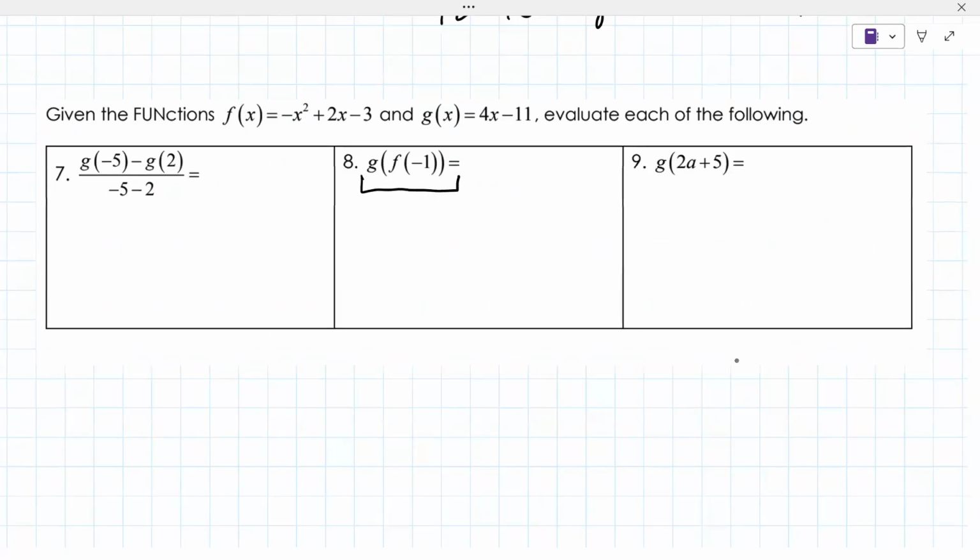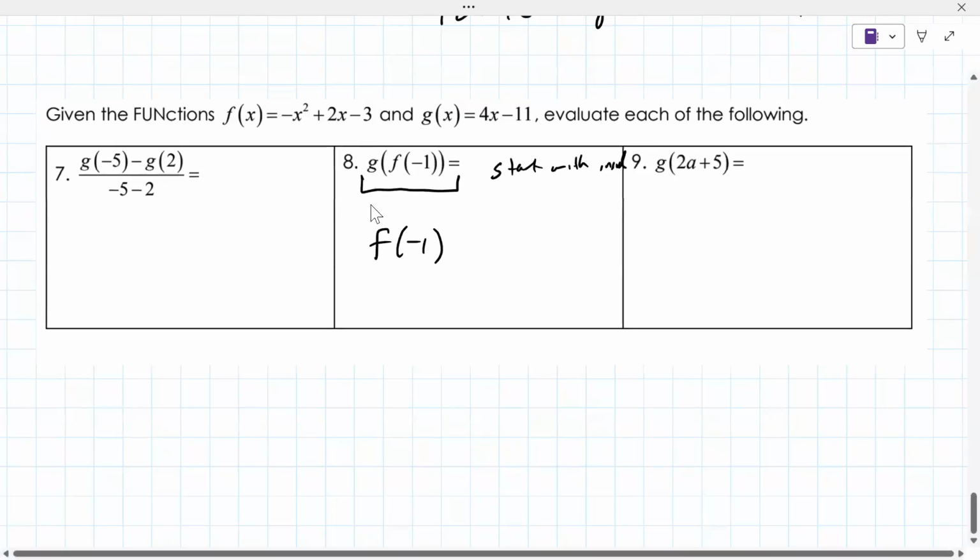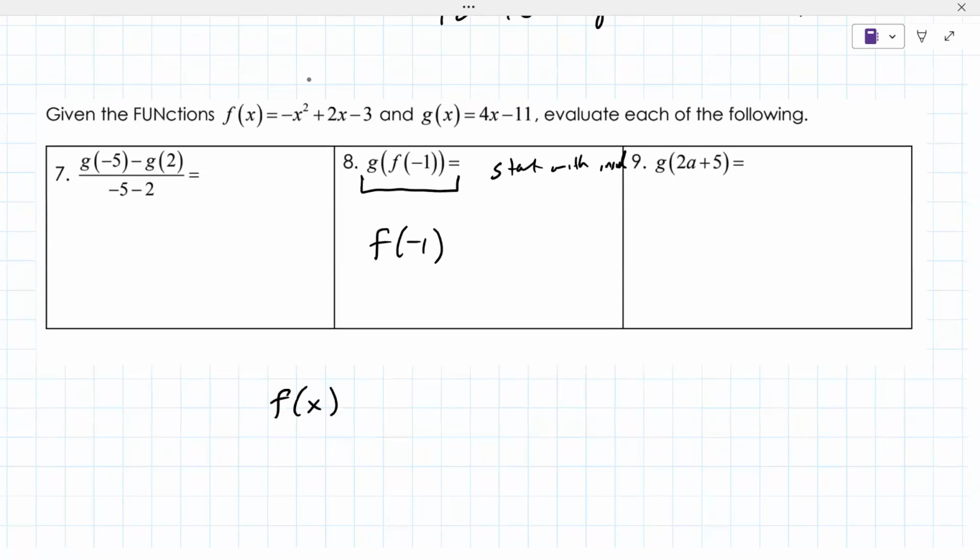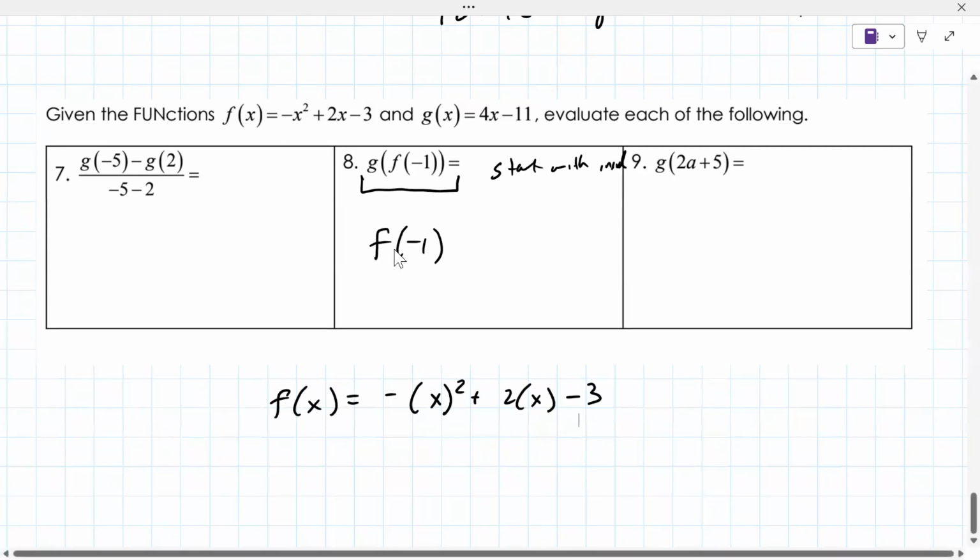The middle one says to first do f of -1. You always start with the inside function. So f of x is here. One of the things that students don't do that they really should do is treat the variable as if it's in parentheses, because when you substitute in -1, it's easy to miss the sign out in front.